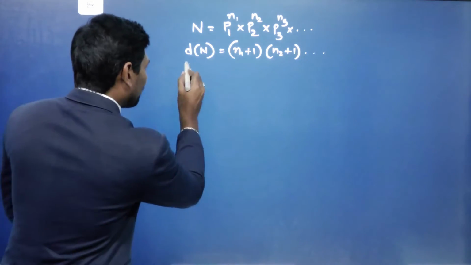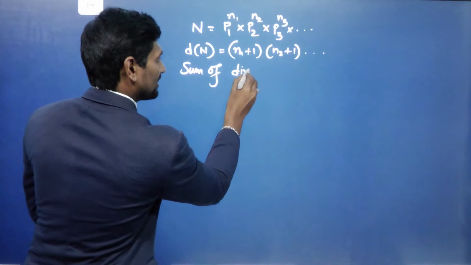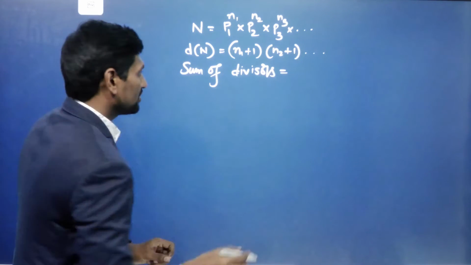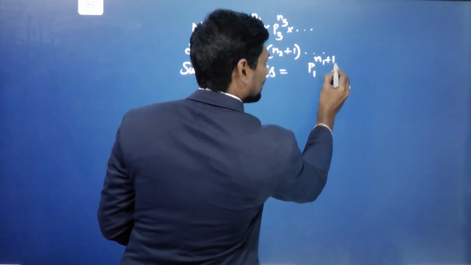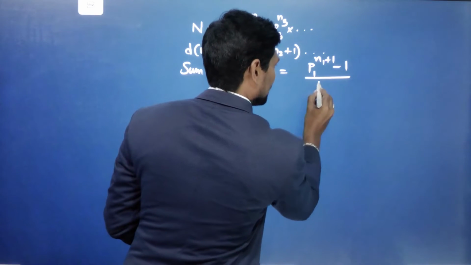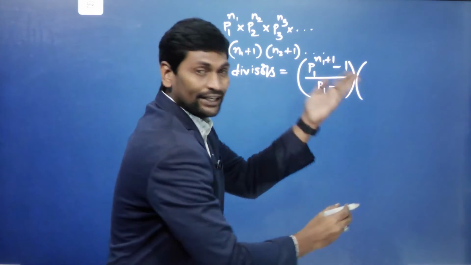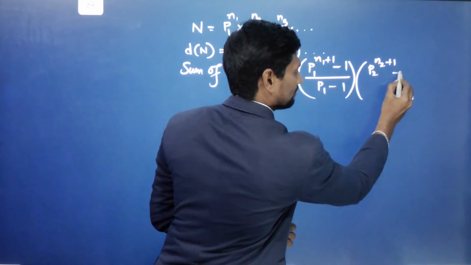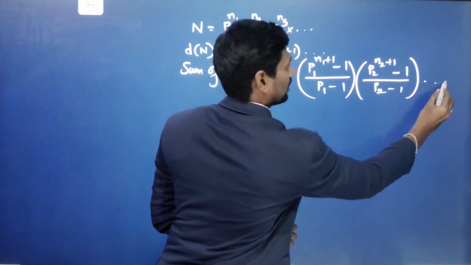Sum of divisors equals (p1 power n1 plus 1 minus 1) by (p1 minus 1) into (p2 power n2 plus 1 minus 1) by (p2 minus 1) and so on.